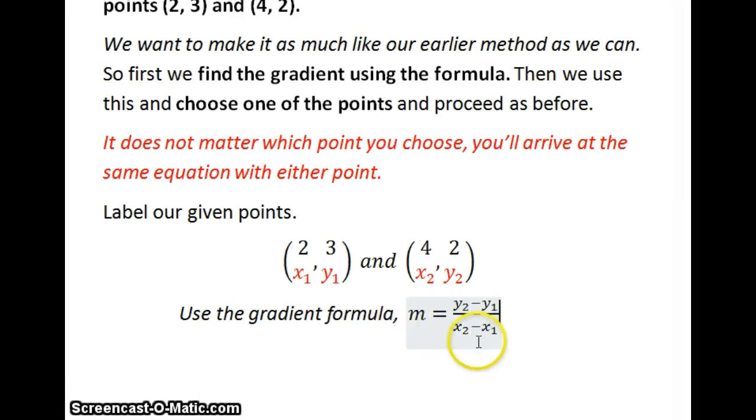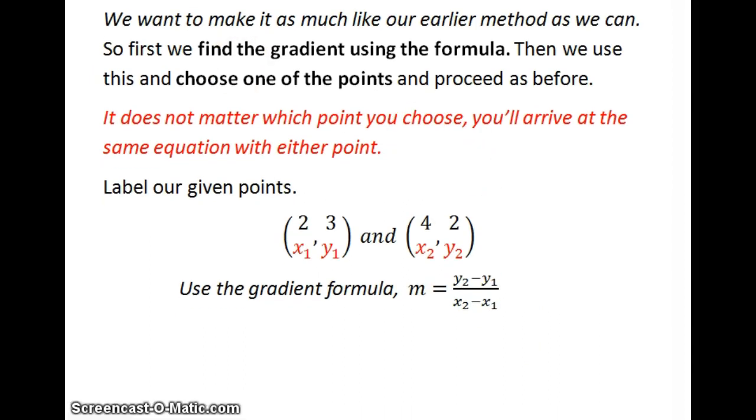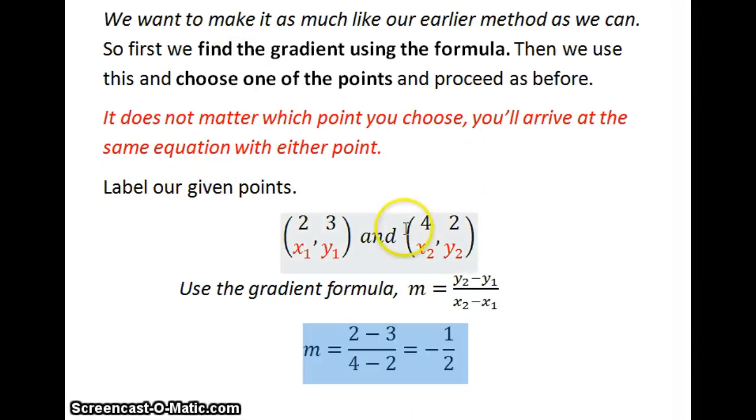So that's the formula for the gradient. It's the difference in the y values divided by the difference in the x values. Right, now let's substitute the values in. Our y2 is 2. Our minus sign comes from the rule. Our y1 is 3.